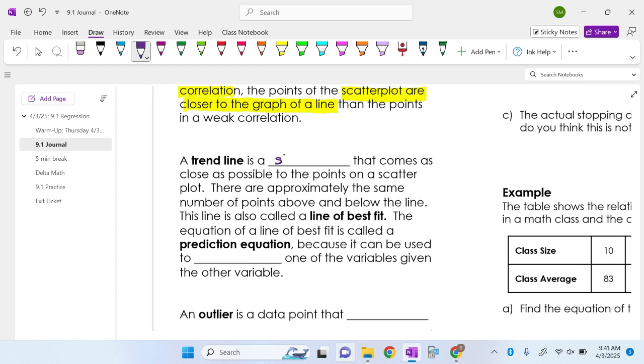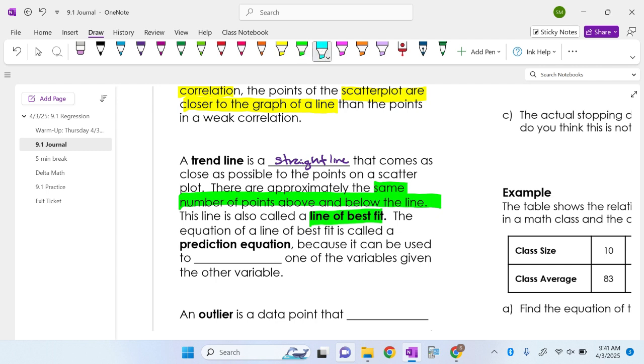So a trend line is a straight line that comes as close as possible to the points on a scatter plot, so there are approximately the same number of points above and below the trend line. This is also called the line of best fit. That's another name for a regression line that we have also talked about.